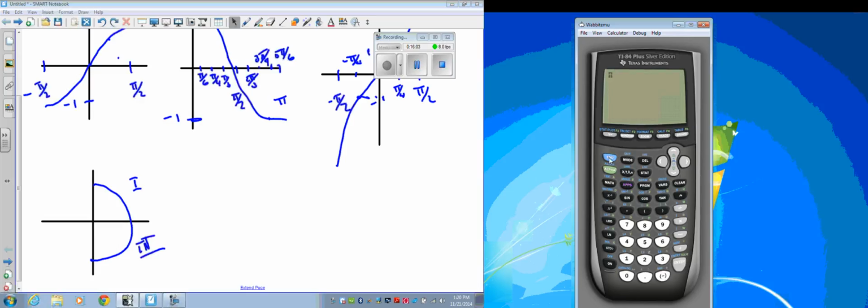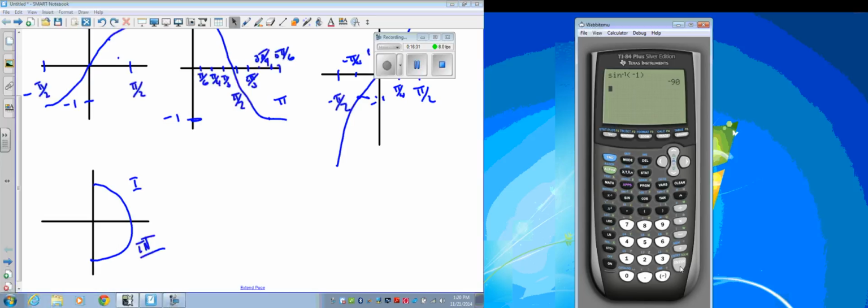And I would go second sine, so that's sine inverse of a -1. Now, that's not going to give me 270 degrees. It's going to give me a -90 degrees. It's defined from -90 to +90.